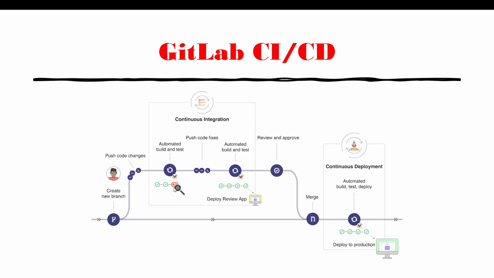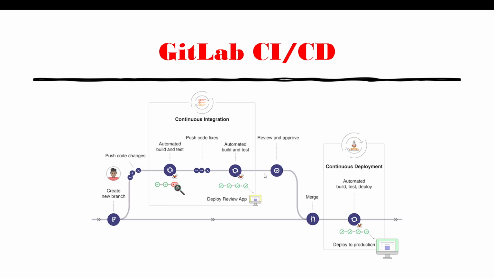The pipeline has a number of jobs within it, like it can have a test job, code analysis job, and build job. Those jobs are basically part of continuous integration.